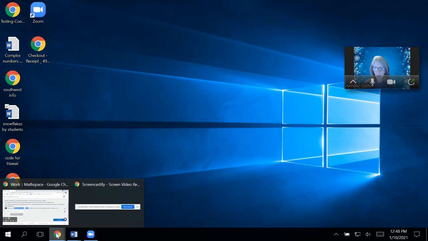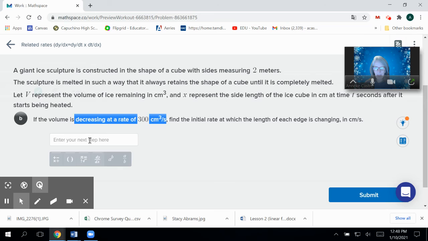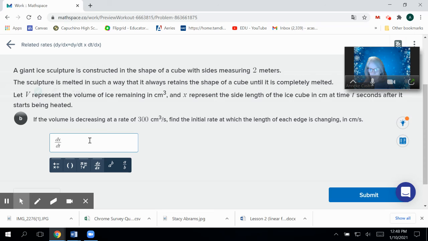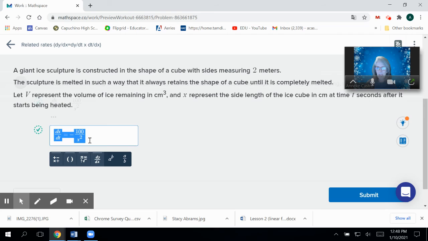Make sure I'm going okay. So let's go back to Mathspace. I'm going to say that my dx/dt is equal to negative 100 divided by x squared. Let's see if I'm on the right track. Yep, I'm on the right track.